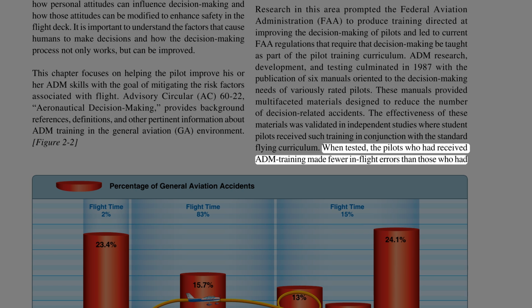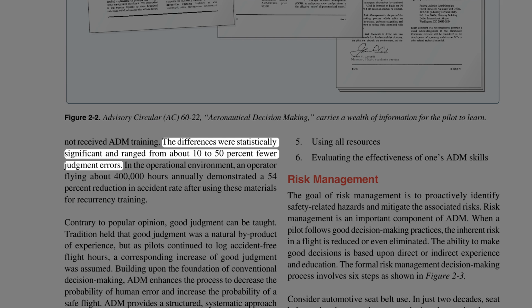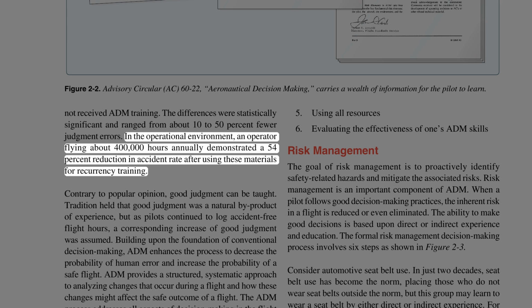When tested, the pilots who had received ADM training made fewer in-flight errors than those who had not received ADM training. The differences were statistically significant, and ranged from about 10 to 50% fewer judgment errors. In the operational environment, an operator flying about 400,000 hours annually demonstrated a 54% reduction in accident rate after using these materials for recurrency training.